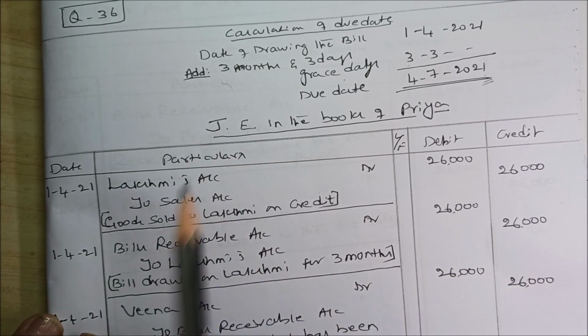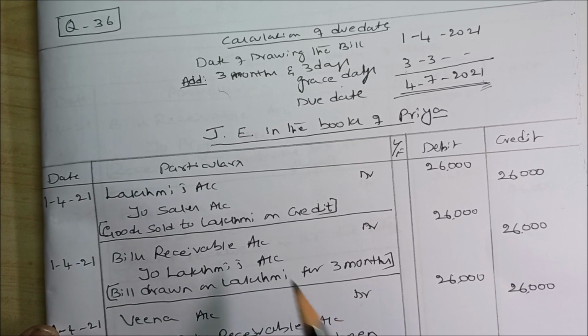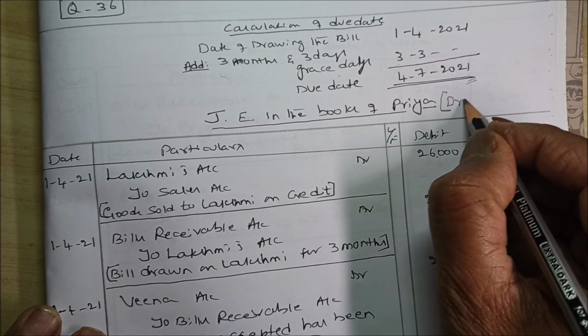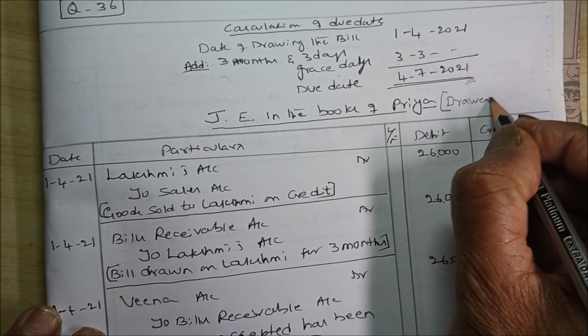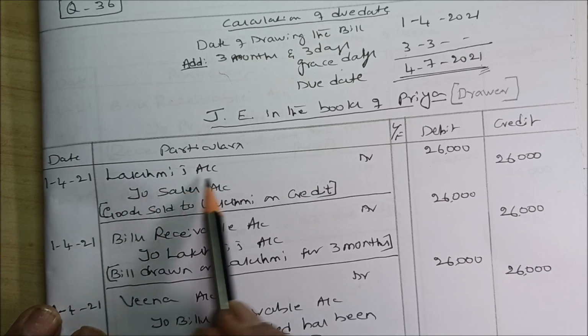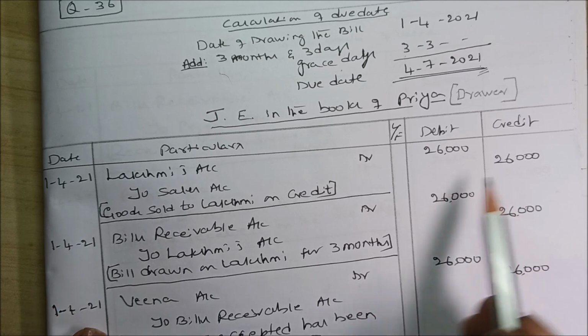Then as usual, you have to write journal entries in the books of 3 parties. One is Priya, the other one Lakshmi, the other one is Veena. So, this Priya is called the drawer. 1/4/21, Lakshmi's account debtor to sales account. You have sold goods, that is 26,000.